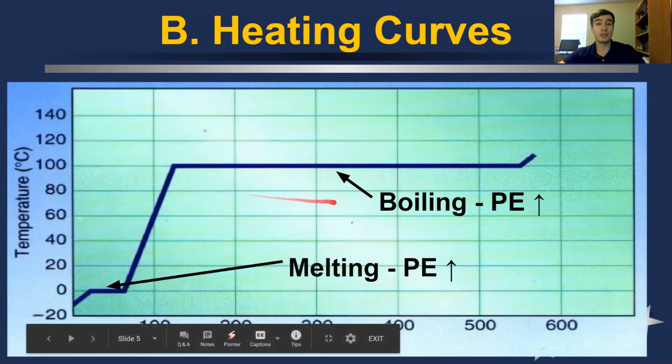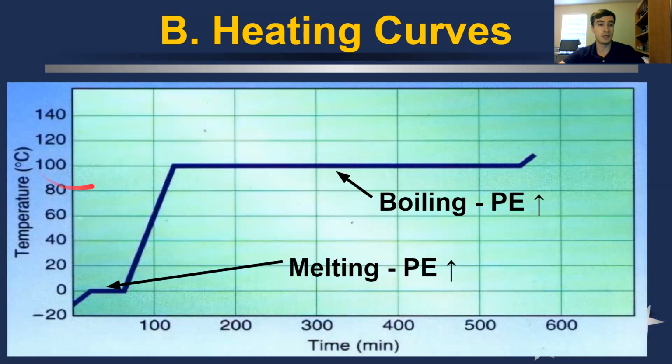When our water is boiling, it's not getting any hotter, so boiling water will always be at right around 100 degrees Celsius, no matter how long it's boiling for. But we're using all of that energy from the stove to increase the potential energy and move those liquid particles farther away from each other until they turn into gas particles.